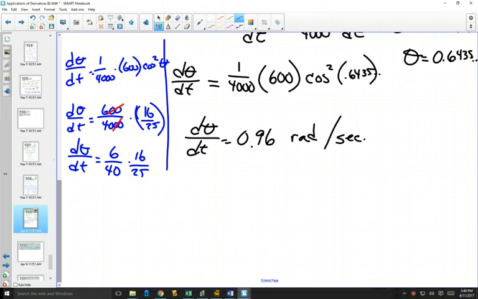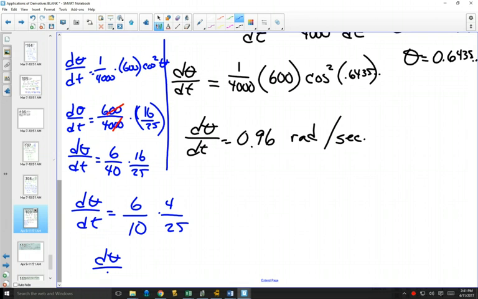So I would get something isn't quite jiving here. So that would be 6 over 10 times 4 over 25. Can you see anything else? We could reduce this to 3/5. Still, I'm not enjoying something, I think something went wrong. Anybody see a mental math error?